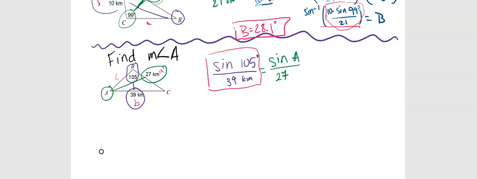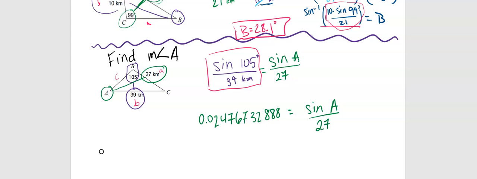I'm actually going to type that into my calculator first. Believe it or not, this is the decimal that I'm getting when I type that in: 0.02476732888 equals sine of A over 27.